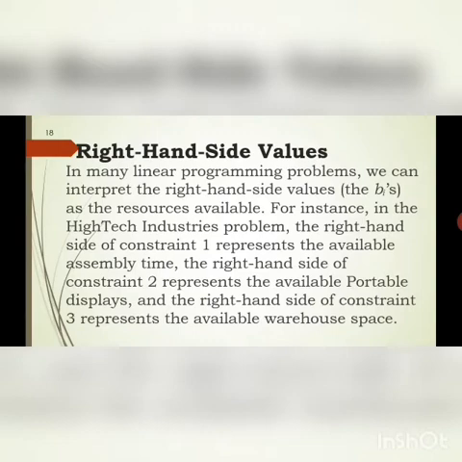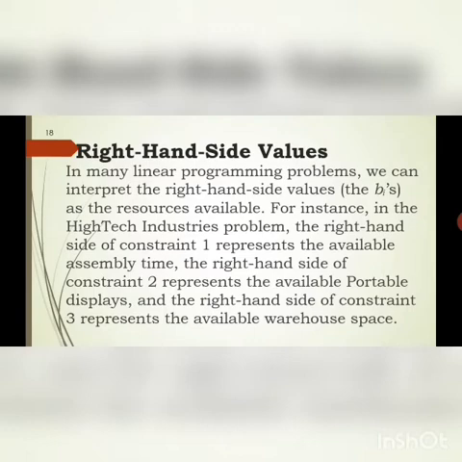In many linear programming problems, we can interpret the right-hand side values as the resources available. For instance, in the High-Tech Industries problem, the right-hand side of constraint 1 represents the available assembly time.